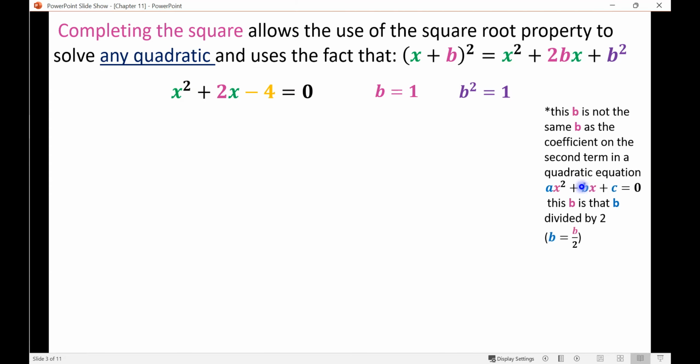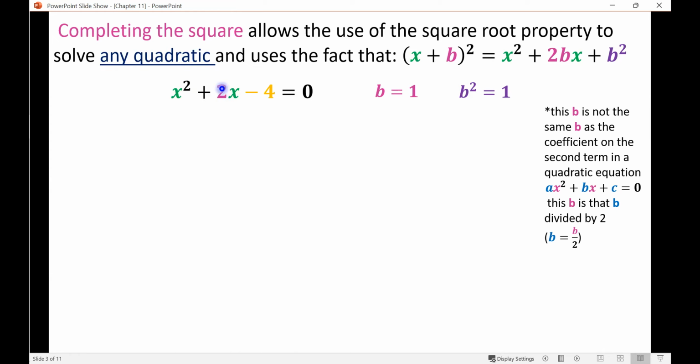I'm not talking about the coefficient on x. This b is actually half of what the coefficient on x is. Okay, not to confuse you. So what we need is for our constant term to be this coefficient divided by 2, squared.